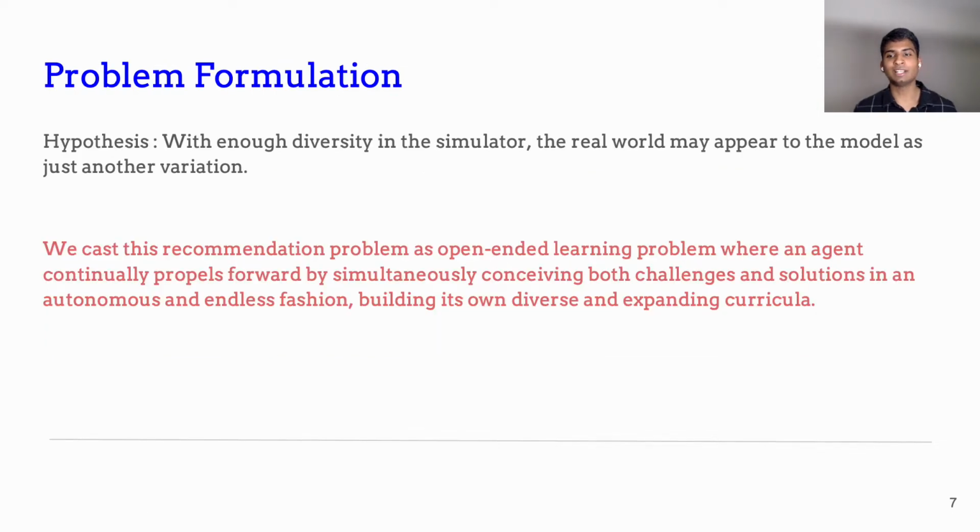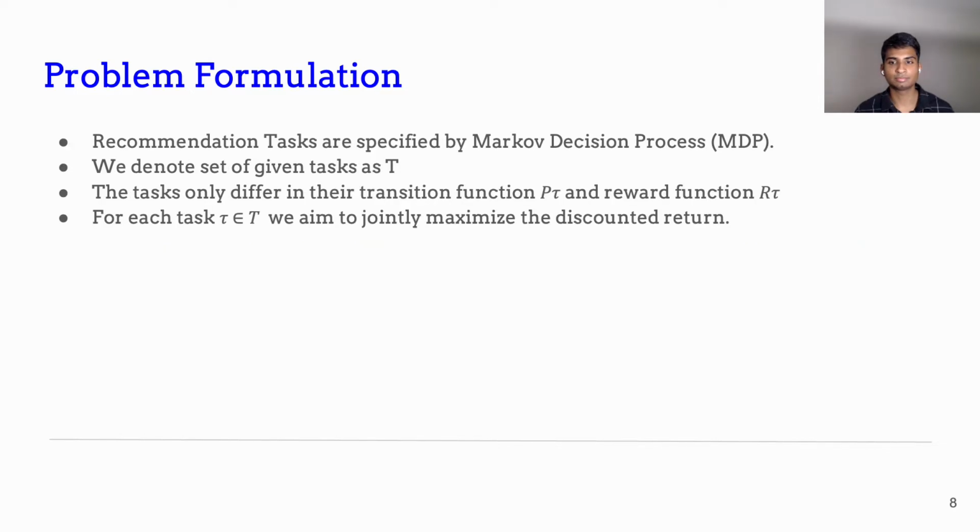We hypothesize that with enough diversity in the simulator, the real world may appear to the model as just another variation. To this end, we cast this recommendation problem as an open-ended learning problem, where an agent endlessly generates increasingly complex challenges and simultaneously solves them in an autonomous fashion. We formulate the recommendation problem as a Markov decision process.